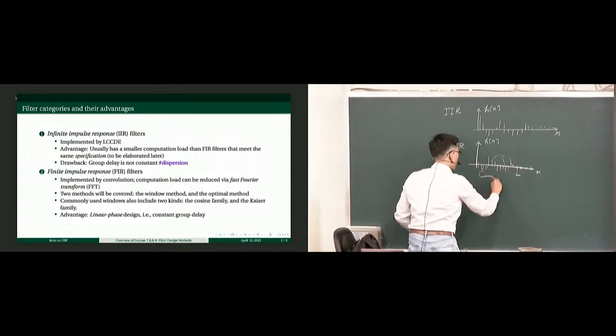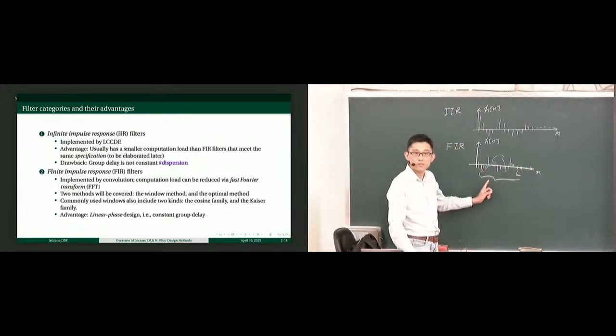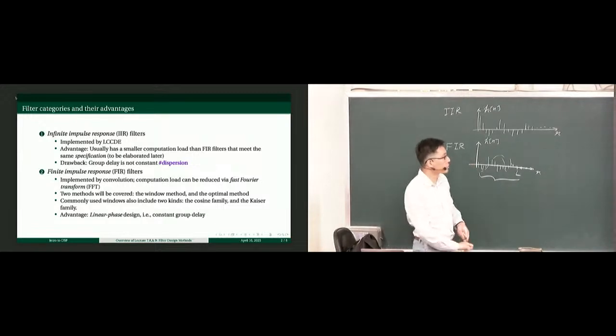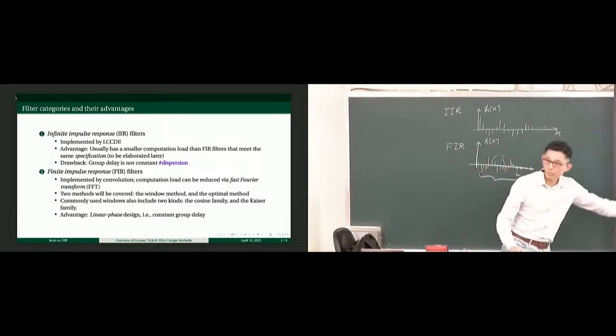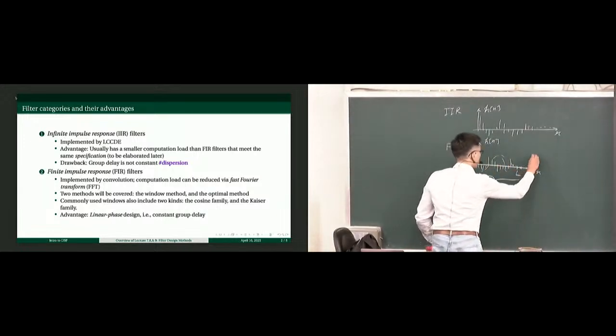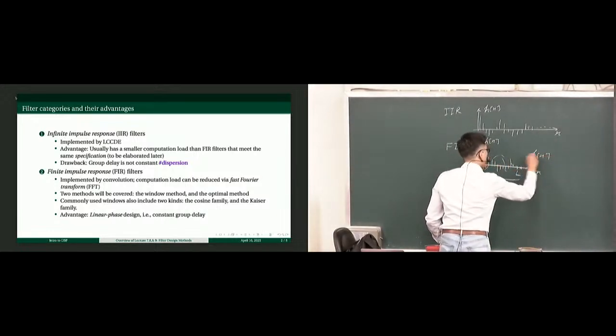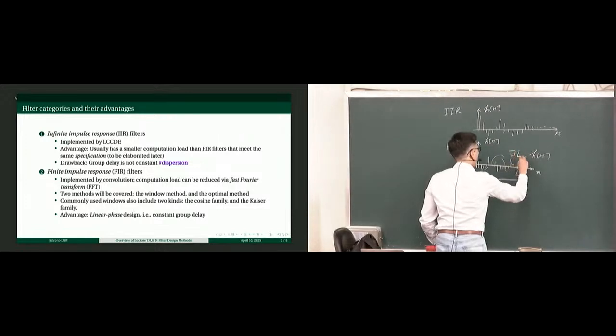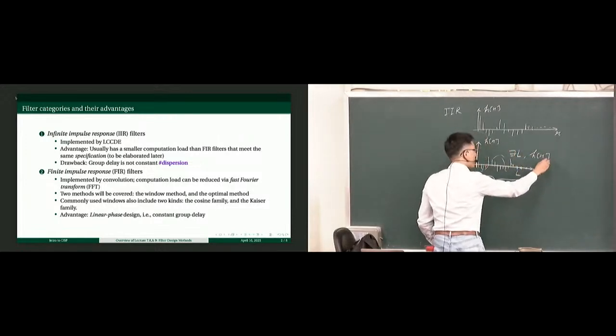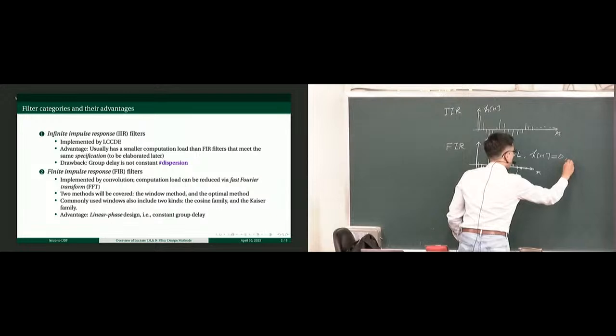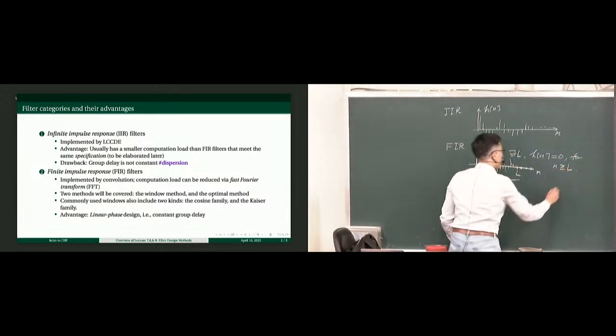We say the duration of this impulse response is finite, therefore the name finite impulse response. It means there exists a finite length such that h of n is zero for n greater than or equal to L.